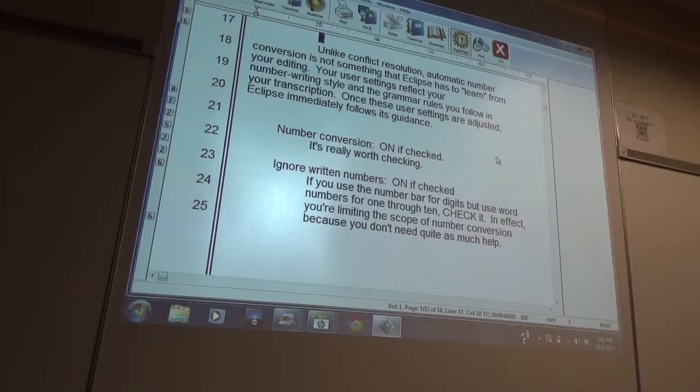But if you didn't learn the number rule, then you're really going to have to pay attention to this section, because it's really going to apply to you. It applies to everybody, but especially if you stroke everything out.